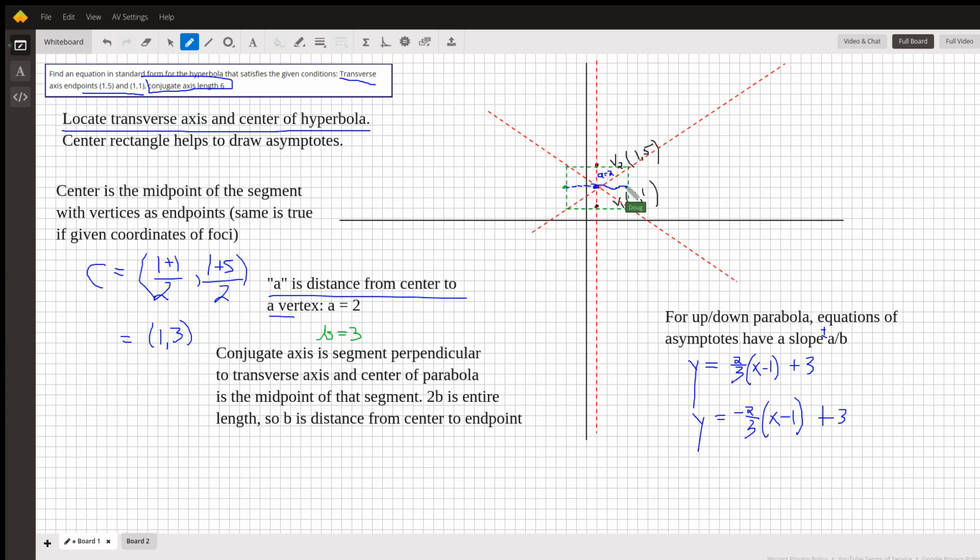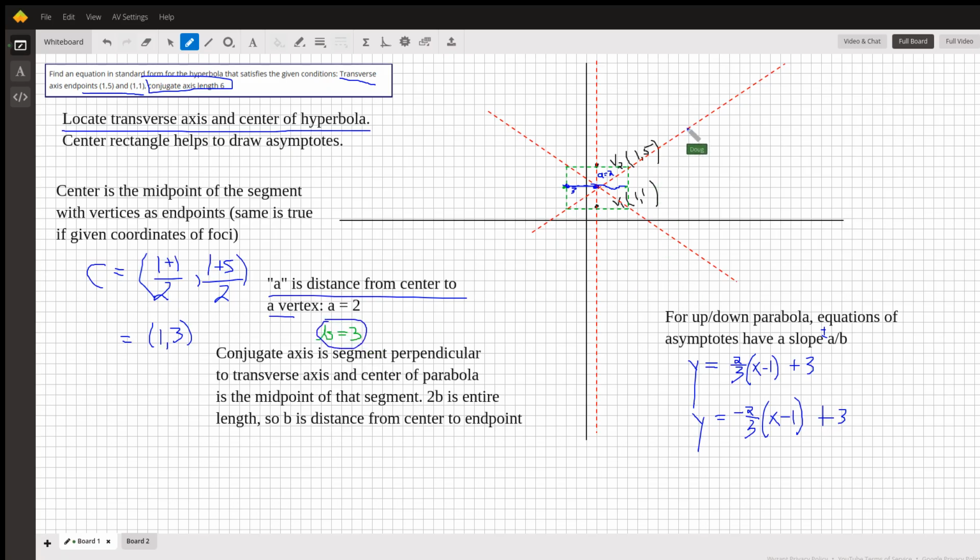It's perpendicular to the transverse axis, passes through the center, and its length is given as 6. So that means this portion, the distance from the center to a co-vertex, it's called, is 3. And that means b is 3. There we go.